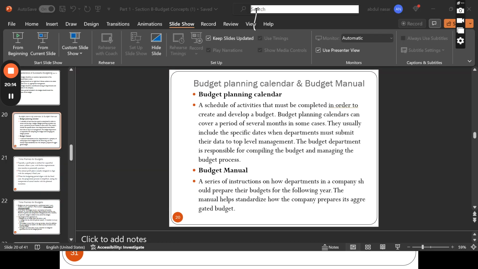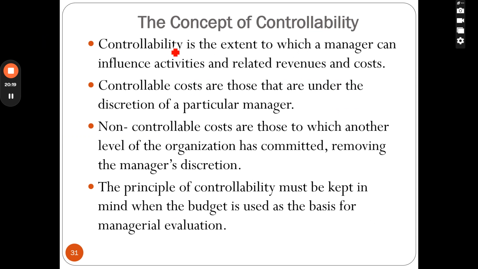Then another concept in budgeting is controllability. What is controllability? As the name indicates, controllability means there are some costs that a particular manager can control, and there are some costs that he cannot control.